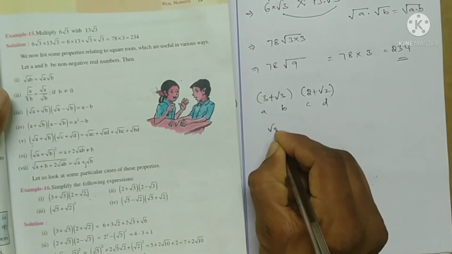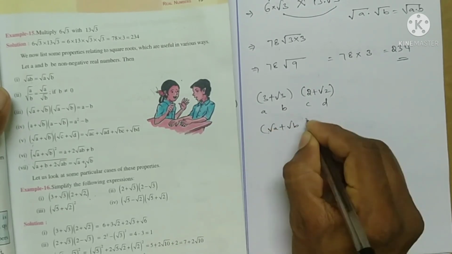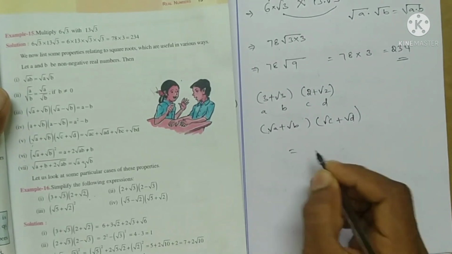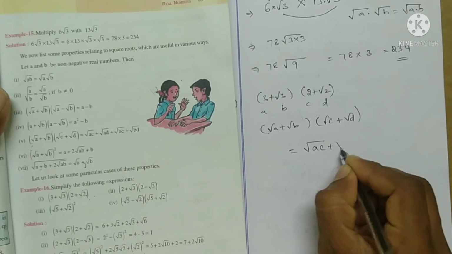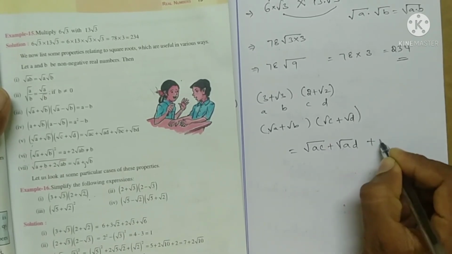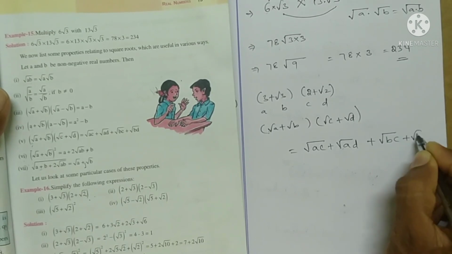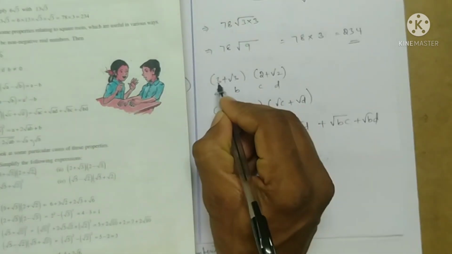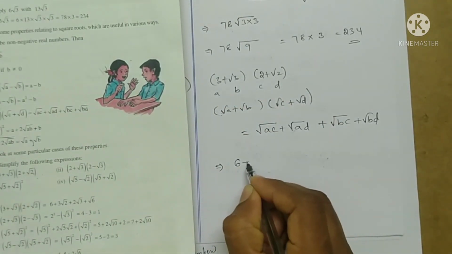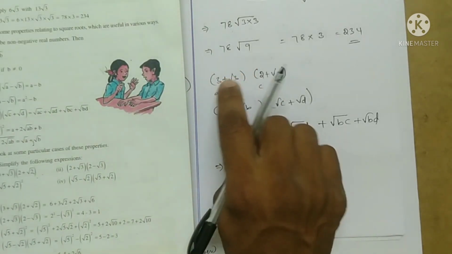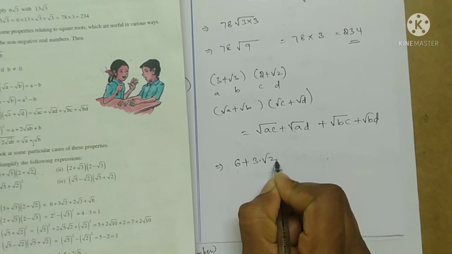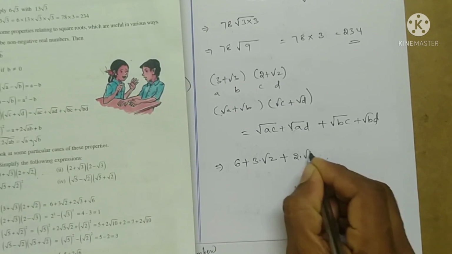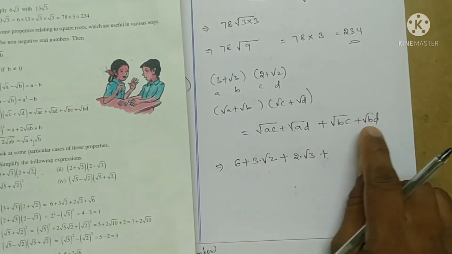So that is equal to 3 into 2, 6, plus 3 into root 2, plus root 3 into 2, that is 2 into root 3, plus under root BD.